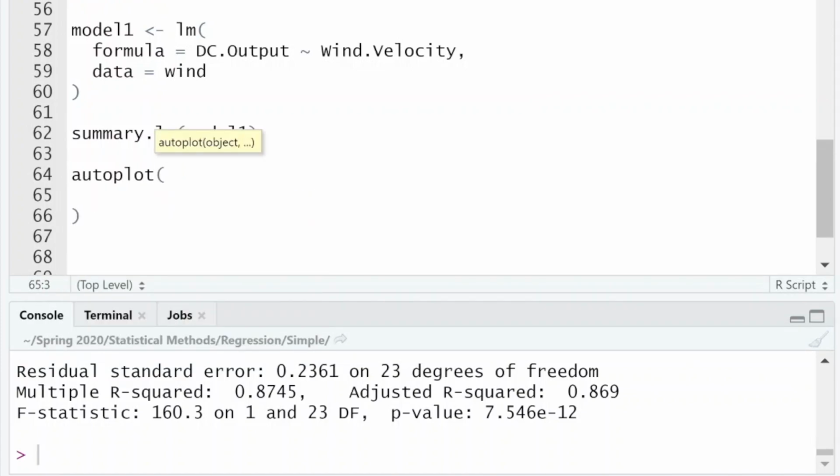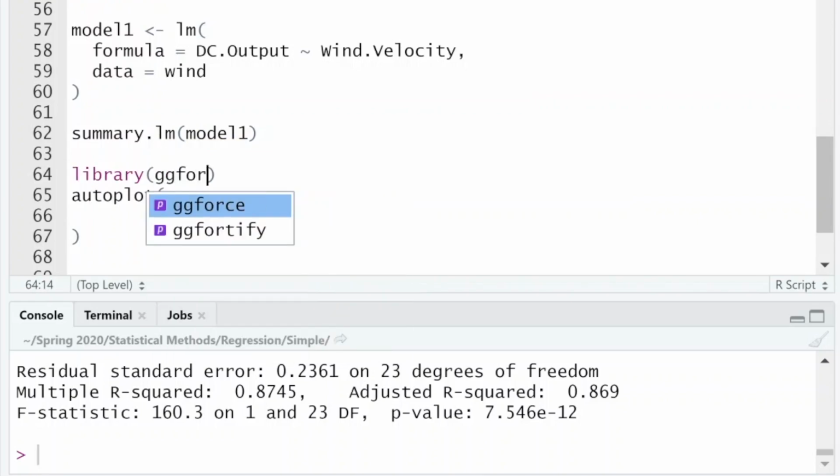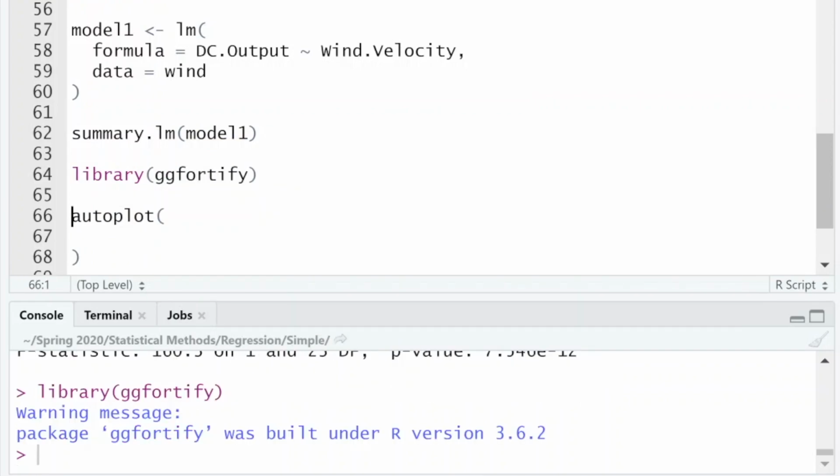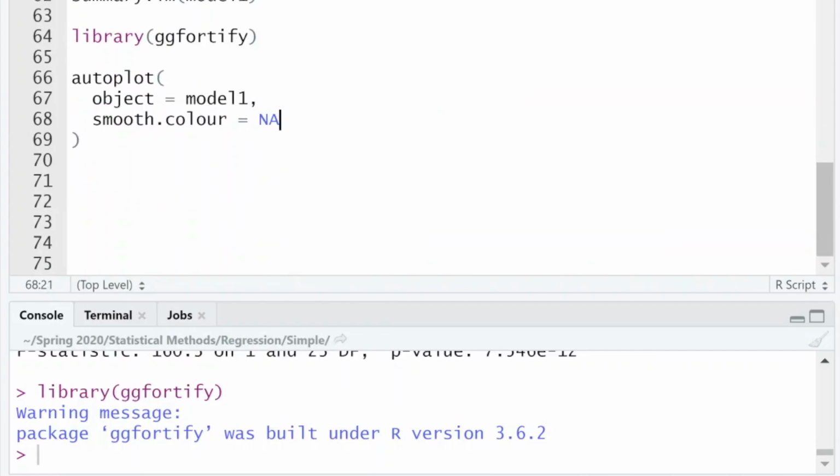We didn't even check the residuals, and let me first read in ggfortify here. Cool. And our object is going to be model 1. We'll get rid of the smooth color per usual, because it's sometimes misleading. And then we'll get rid of the background here too.